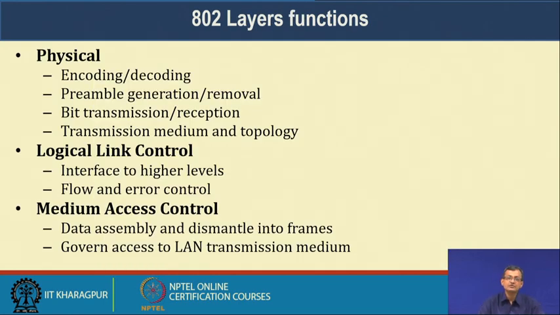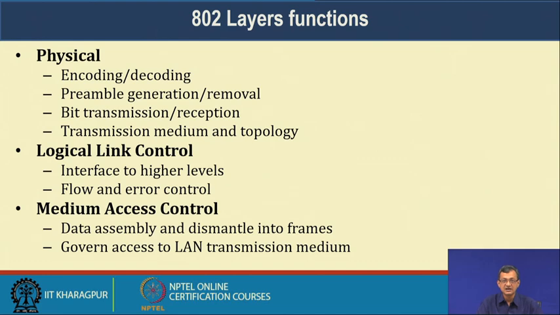If we want to see the 802 layers' functionality, at the physical layer, which we will be discussing a little later in this series of lectures, the physical layer is primarily concerned with encoding and decoding of the data, preamble generation or removal as applicable, based on whether transmitting or receiving, bit transmission and reception, and transmission media and topology.